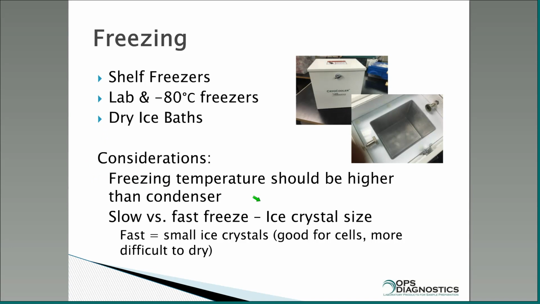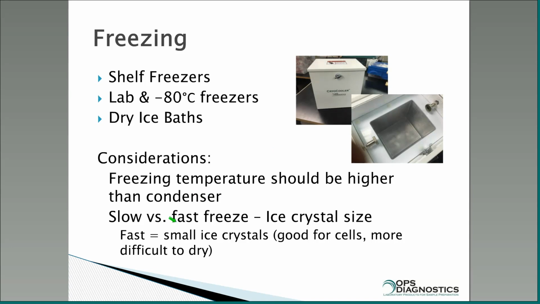So what I mean is that you don't want to take samples and put them in liquid nitrogen to freeze them, and then hook them up to a freeze dryer that has a condenser at, let's say, minus 50, because the water will flow from the warmer temperatures to the colder temperatures. So in that instance, your samples are actually acting as the cold trap, and you don't want that. You want your water to go from your sample to something colder.